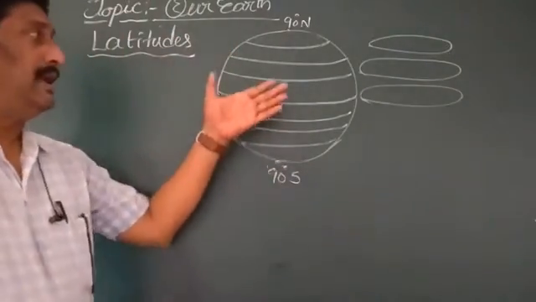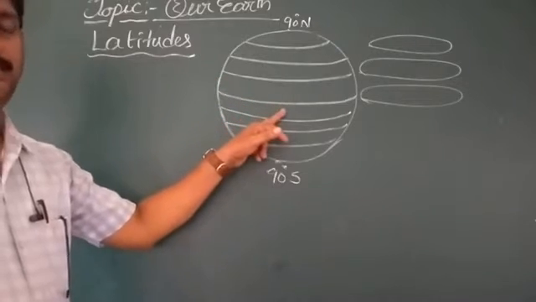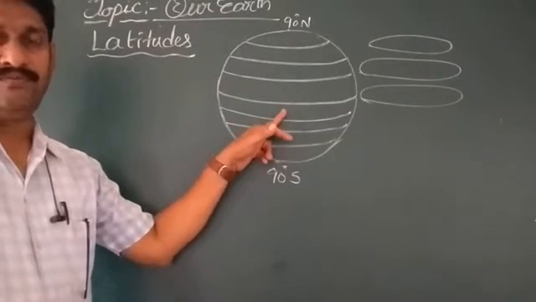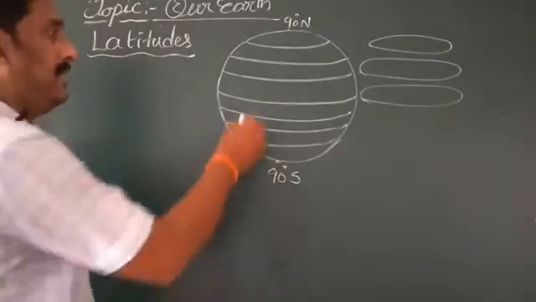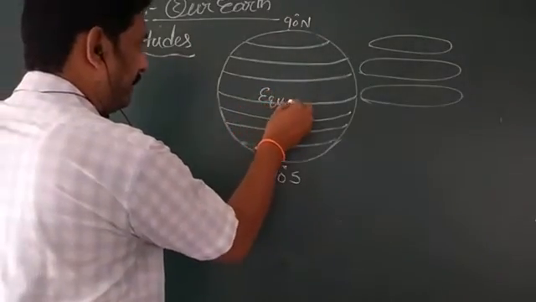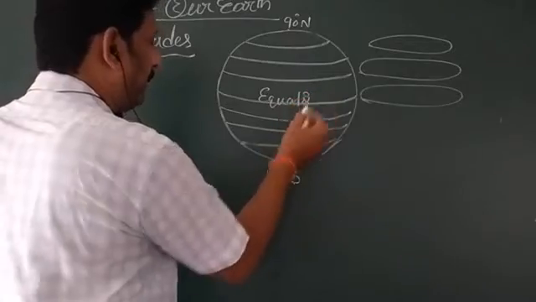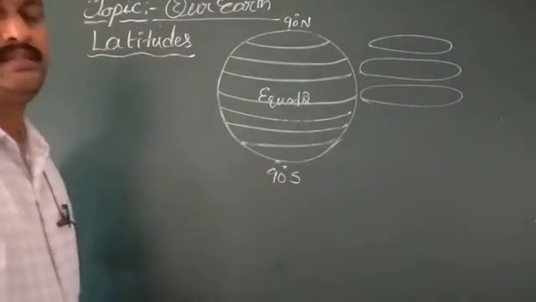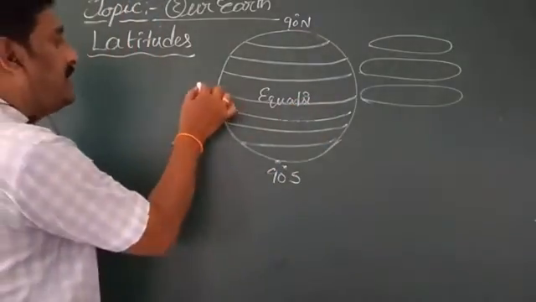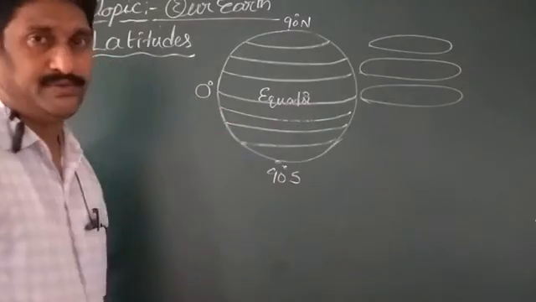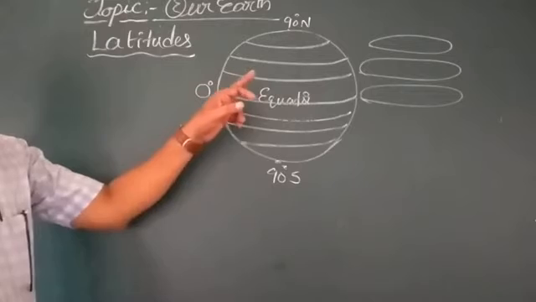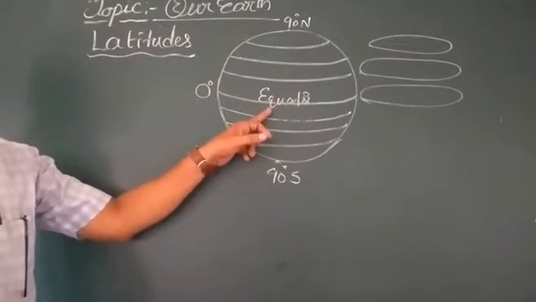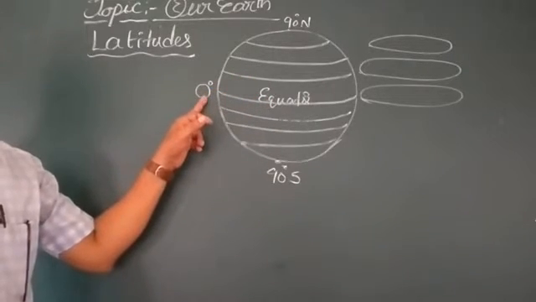And exactly in the middle of the earth, we can find one of the largest latitudes. It is called the equator. It is designated with 0 degrees latitude. This is the circle designated with 0 degrees.